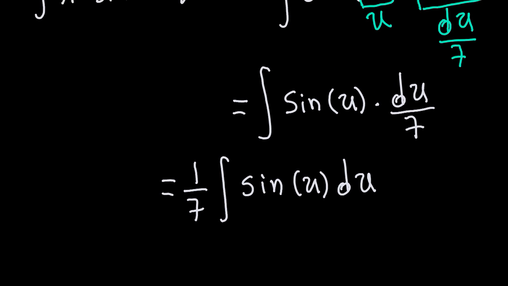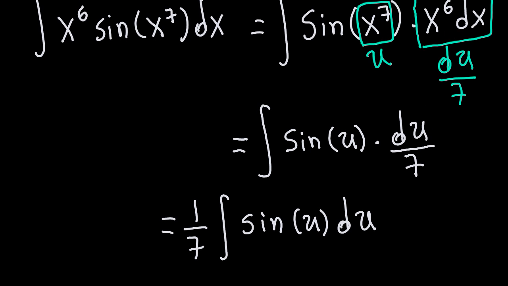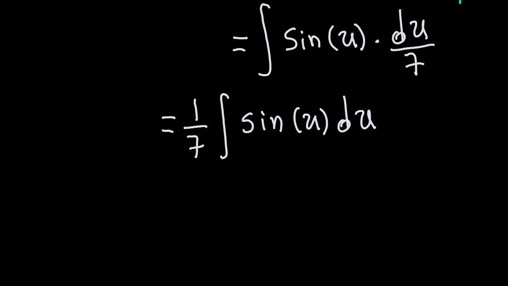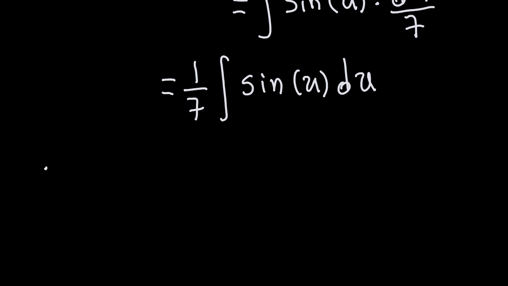As you can see here, the purpose of the substitution is to make the integral easier. This integral at the beginning was not complicated, but of course, this one here is a lot easier than that one. So now I can actually apply some of the basic rules of integration. So this is going to give me 1/7. Oops, let me write that better.